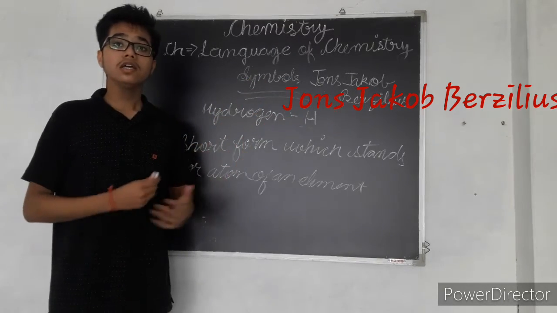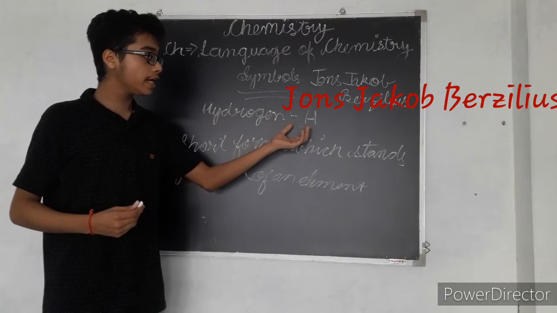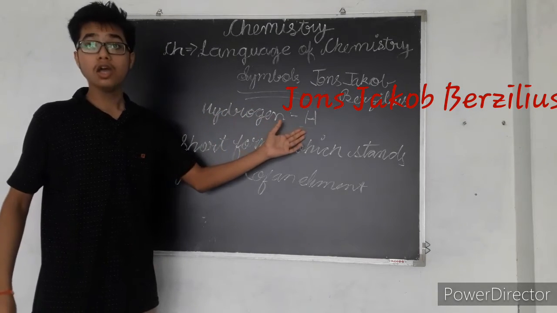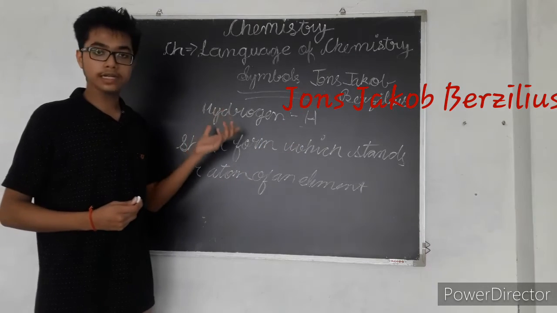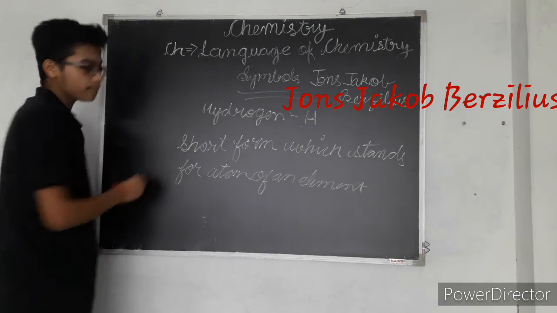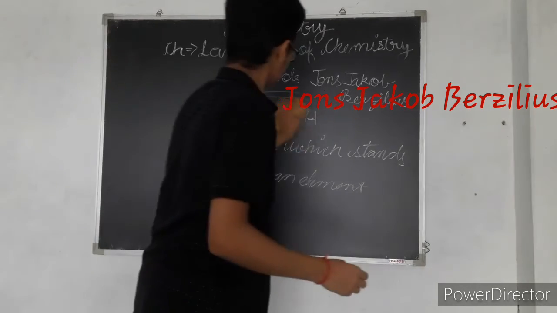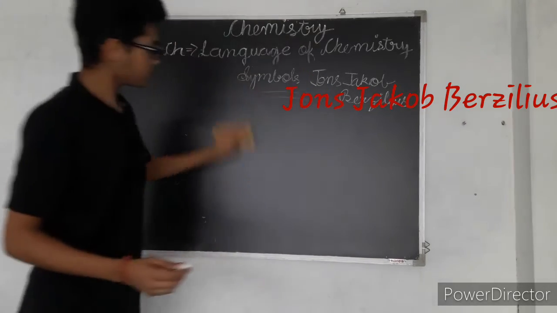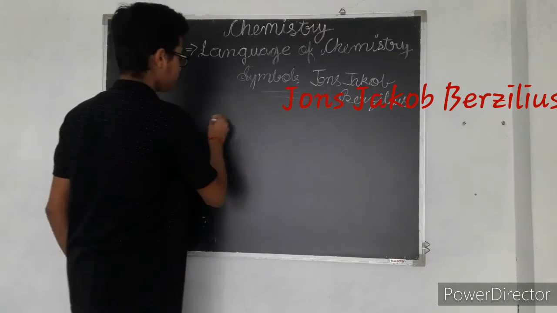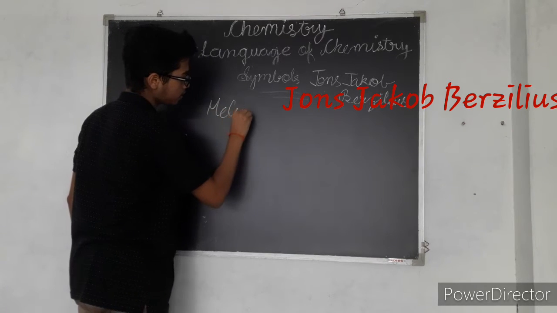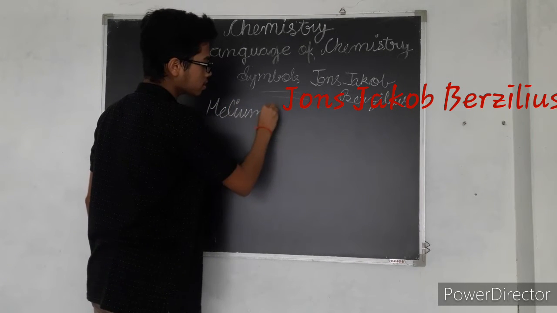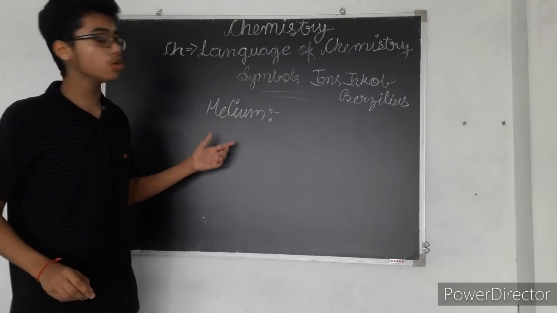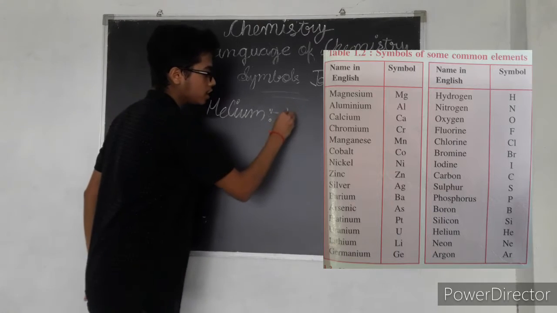He said that the symbol can be the first letter of the element, like hydrogen, the first letter is H, so the symbol is H. Or it can be two letters, like helium. Helium is a noble gas, so its atomicity is 1. It is monatomic, and its symbol is He.